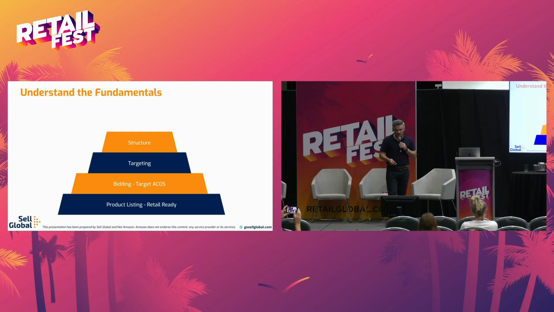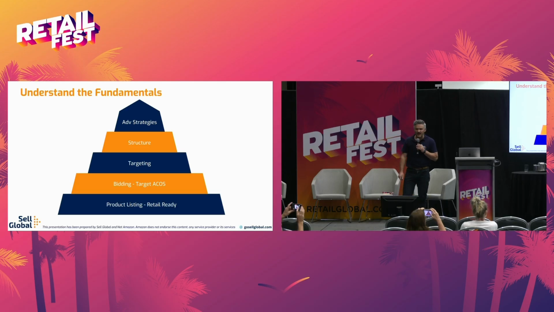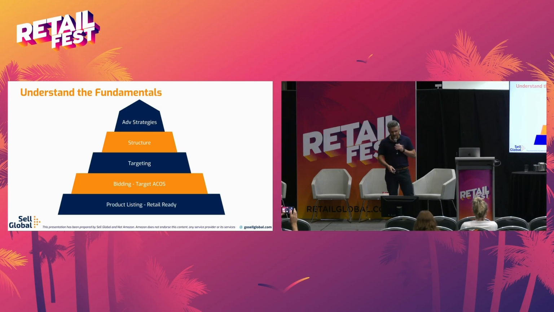The next is your structure, how you structure your campaigns and how you set them up inside your campaign manager. And then the last piece is advanced strategies. And you'll see advanced strategies is like the small little tip of the iceberg, and that is because it's a small piece of your strategy. Most of what you're seeing on here is what we call the fundamentals, and everything below that advanced strategies piece.